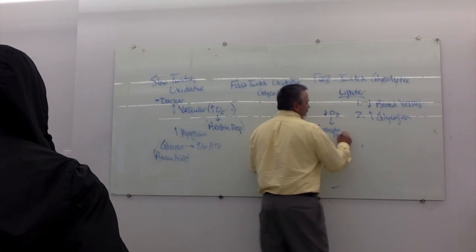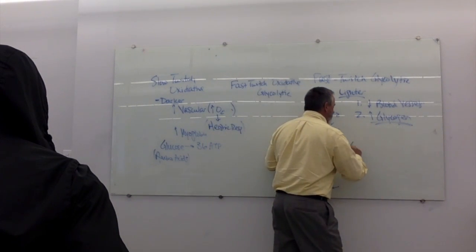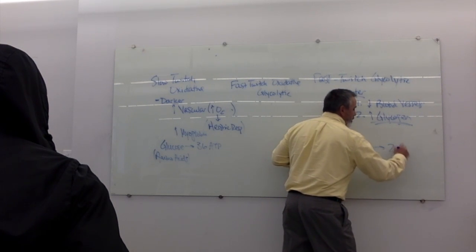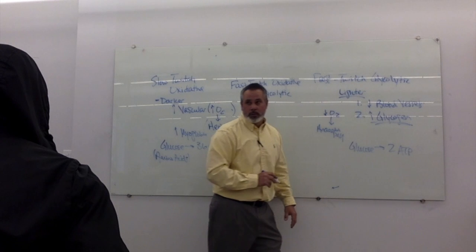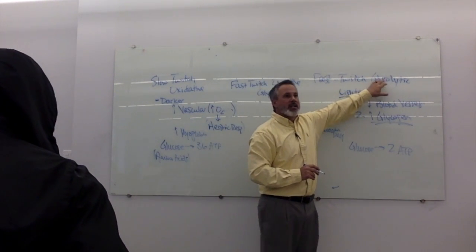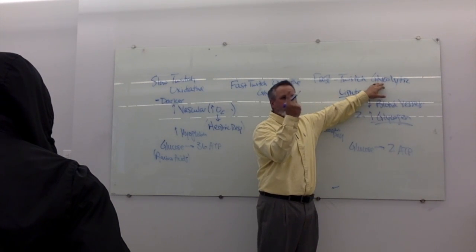There's lots of access to glucose, but here's the thing. How many ATPs are yielded when you break down glucose in anaerobic respiration? Anybody know? 2. And the reason this is called fast twitch glycolytic is because it relies on glycolysis. That's the first step of respiration.